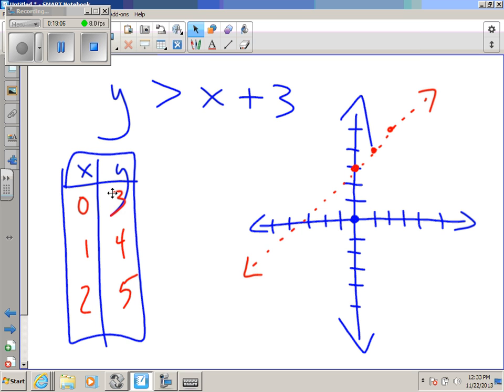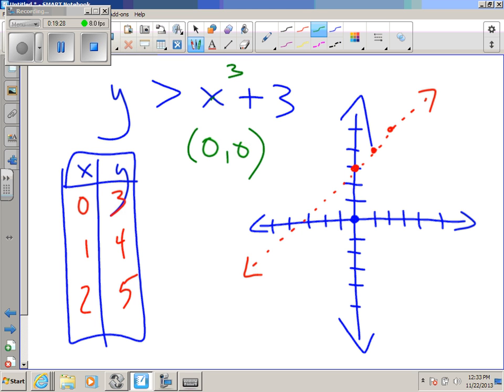And then it's very clear that 0, 0 falls on one side of that line. So I will test 0, 0 to find out whether or not it is a solution to this inequality. When I plug in 0 for x, I get 0 plus 3, which is 3. When I plug it in for y, I get 0.